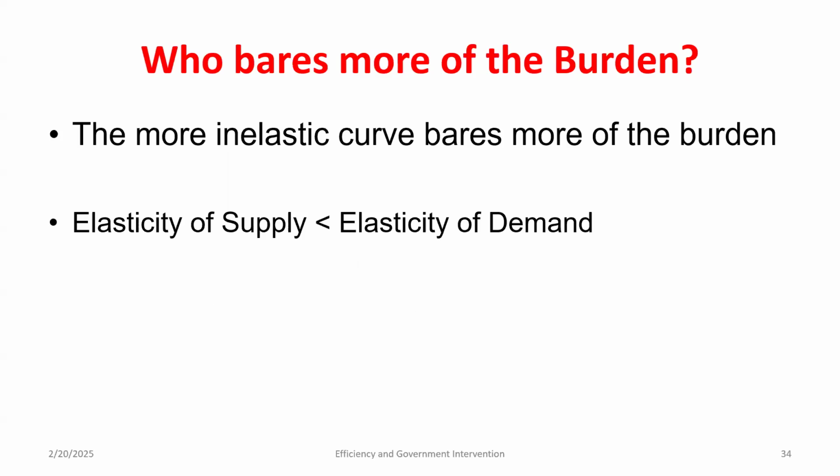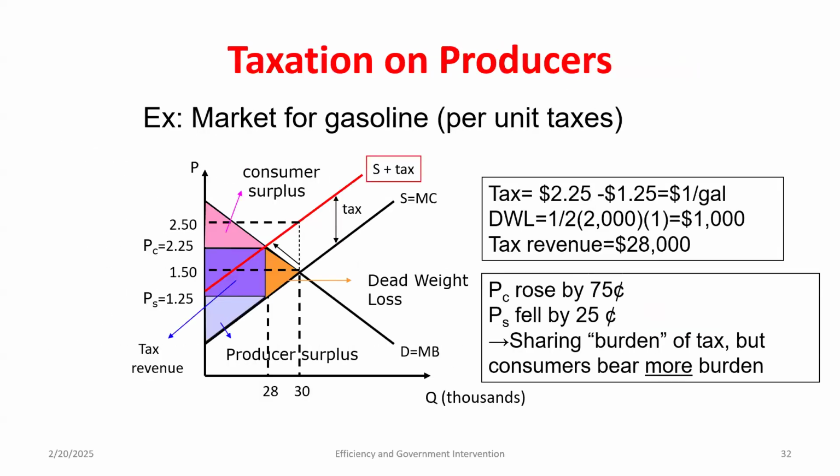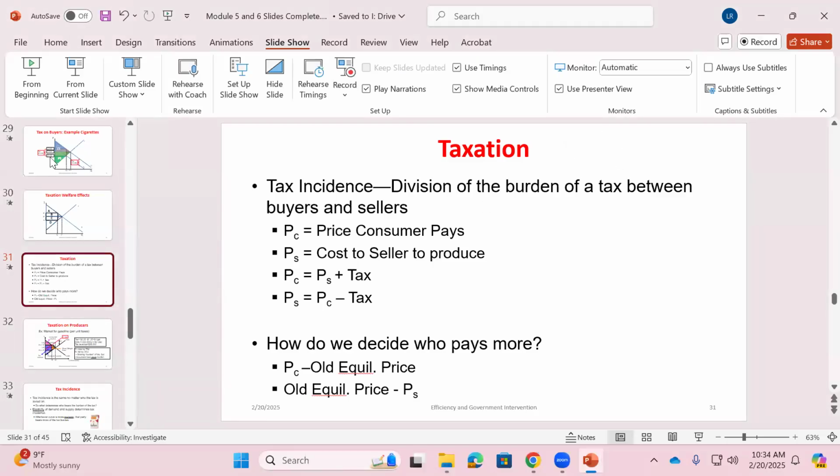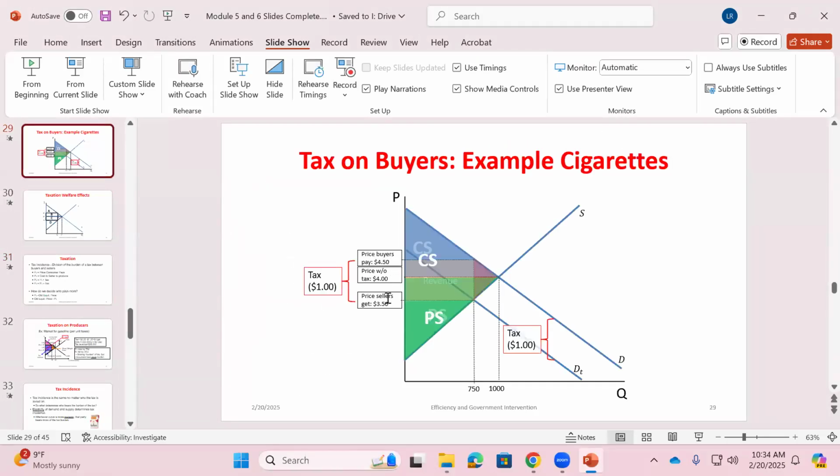If we go back to my earlier example, who must have been more inelastic here? Who is bearing more of the burden of the tax? Consumers. So it must be that their elasticity is actually lower than producers', right? They were more inelastic. What if I go all the way back to my cigarette example? This one's kind of weird.